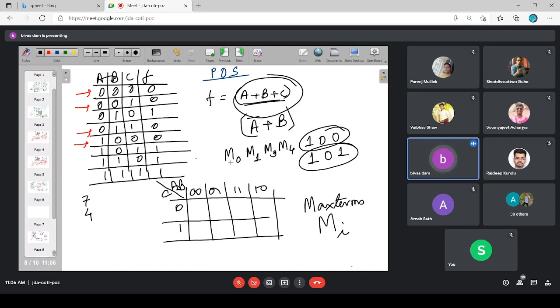Now these M0, M1, M3 and M4 are nothing but those sum terms in a different notation, and that notation is the max term notation. So your final function f will be the product of these max terms 0, 1, 3 and 4.